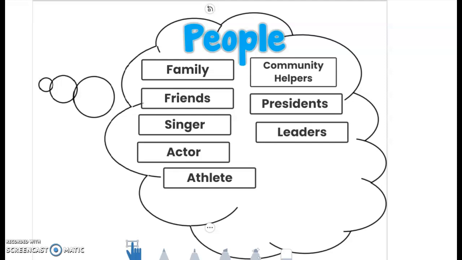It could be somebody famous, like a singer, an actor, a dancer, an athlete, a basketball player, things like that. It could be somebody you know, like a friend or somebody in your family. Maybe you know a lot about a president or somebody who works in the community, anything like that. You're going to come up with at least 3 and you can type or write them in your thought bubble and then you're going to send that to Miss Norad.